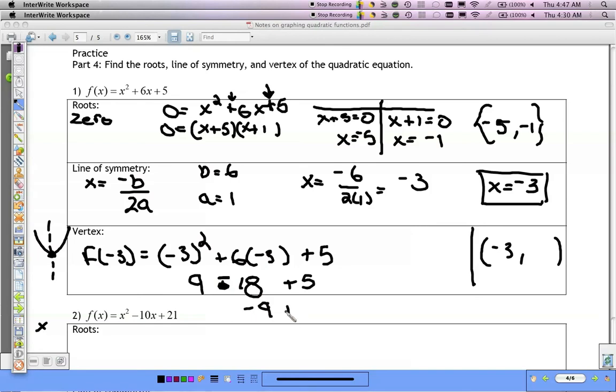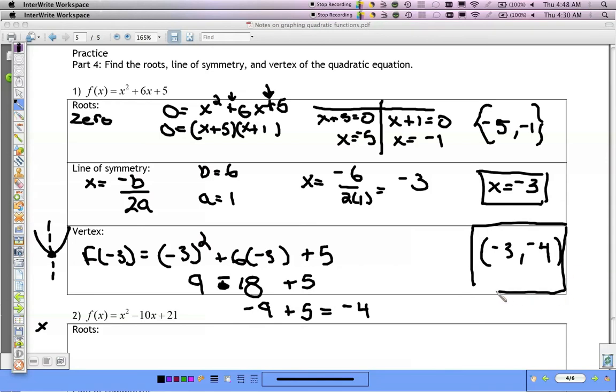So -9 plus 5, and that's going to be -4. So my vertex, the point where the graph turns, is (-3, -4). So the y is -4.